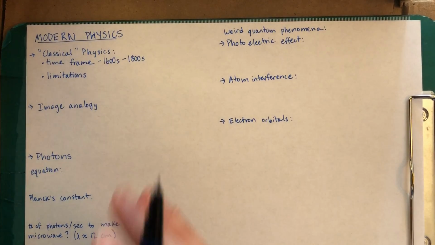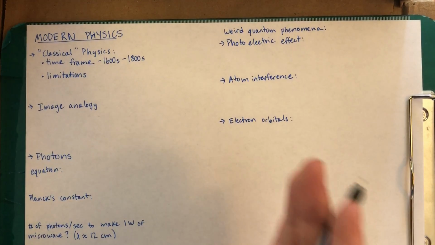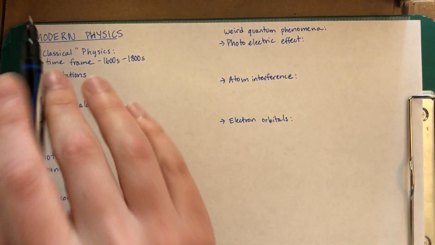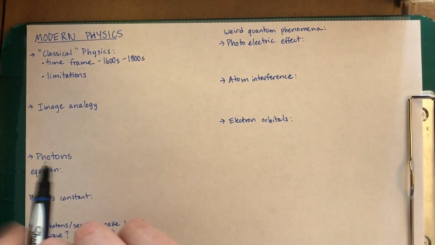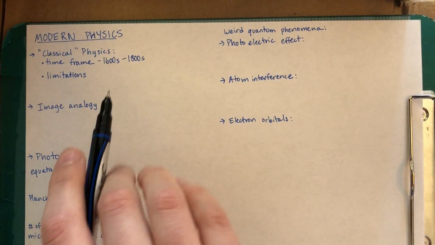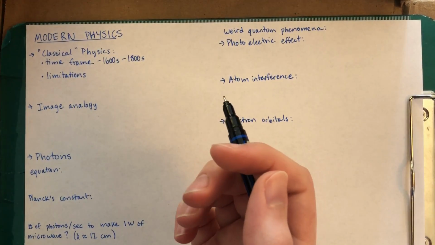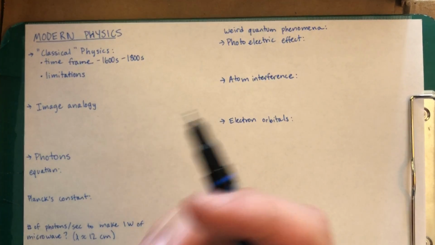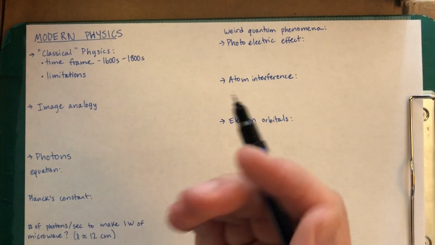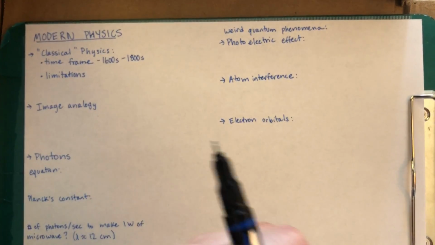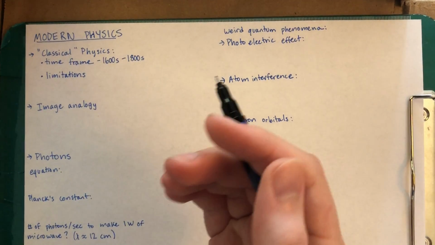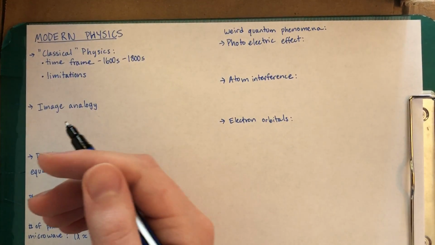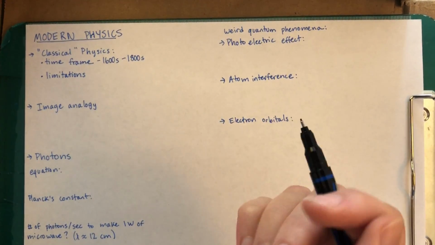And everything from that point on is what we consider modern physics. Now, of course there's new stuff, but if it took a lot of smart people hundreds of years to get to the point where they were ready to figure this stuff out, it gets more complicated as you go.